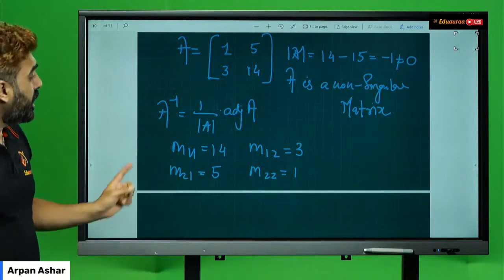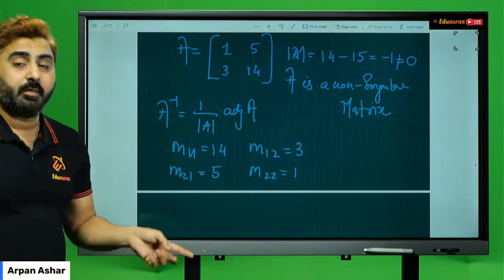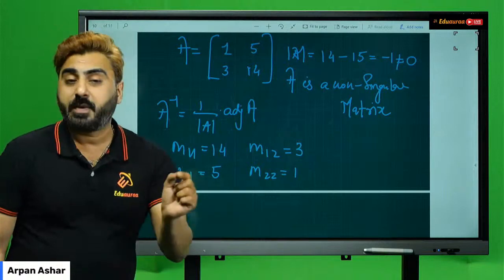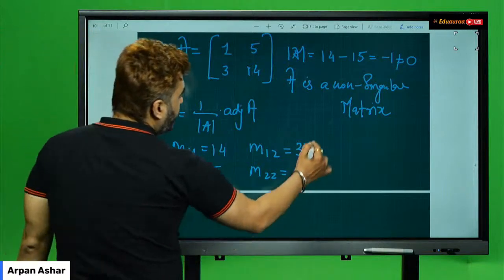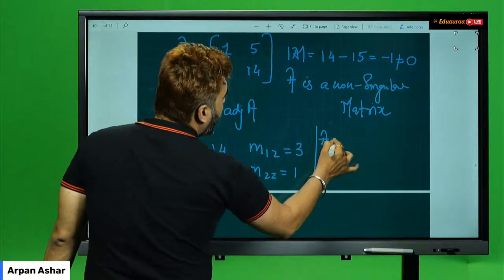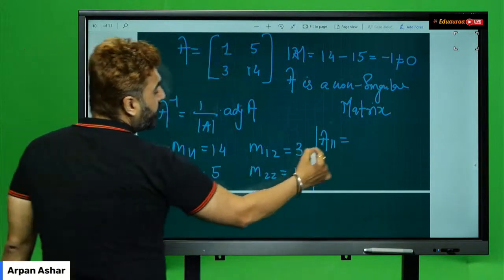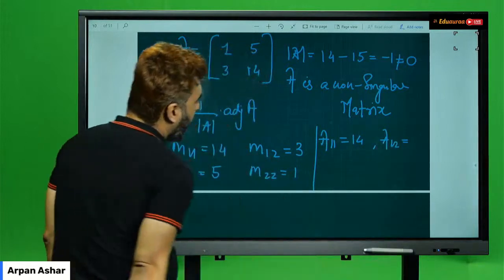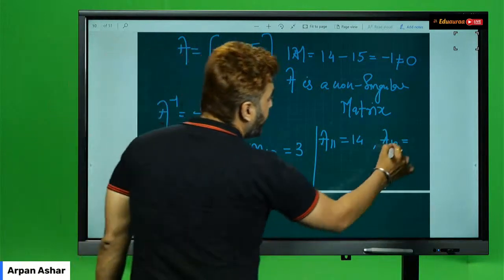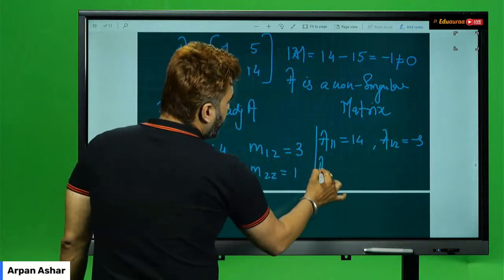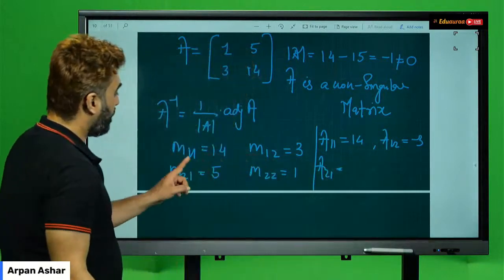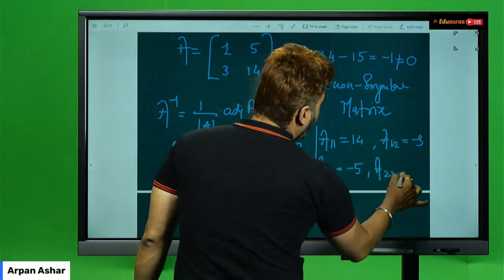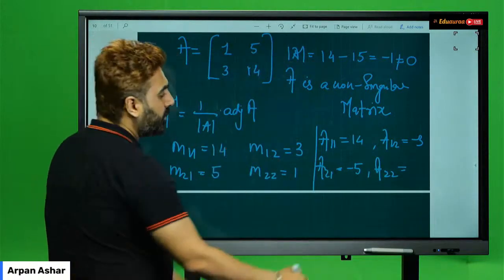The shortcut: if the addition of i plus j is even, the cofactors are same. If the addition i plus j is odd, change the sign. So cofactors क्या होगा, capital A11 will be 14, capital A12 क्या होगा, -3, capital A21 क्या होगा, -5 and capital A22 क्या होगा, 1.